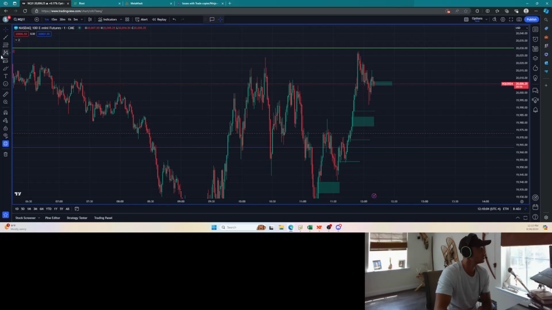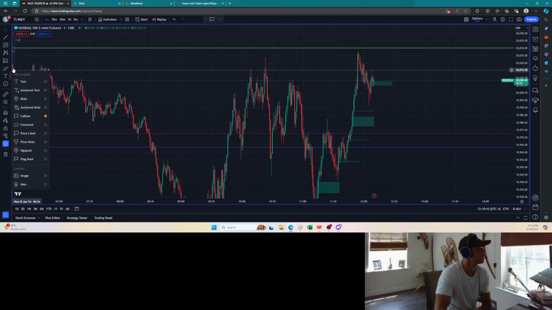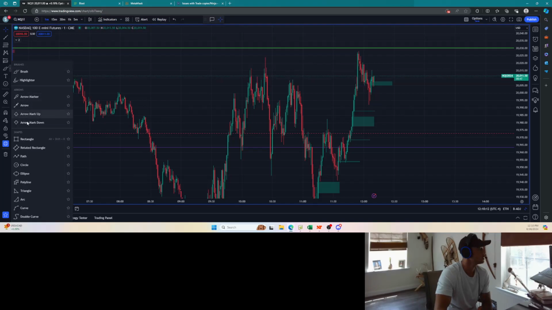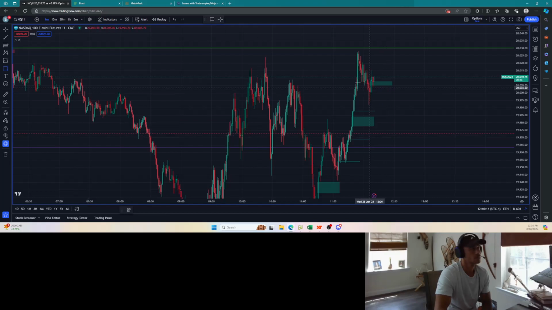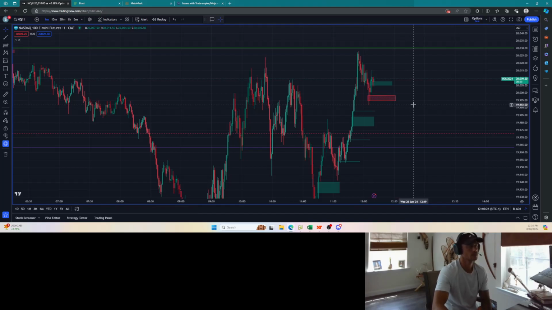So for example, I'm going to chart one on here since there's none in the area that I want to show you right now. Let's just say they swept this low down here, right? Let's say they sweep this low and then, on the way down, they create a bearish fair value gap, right?